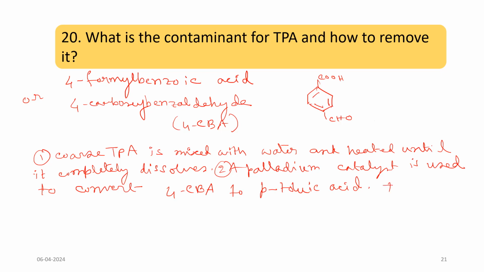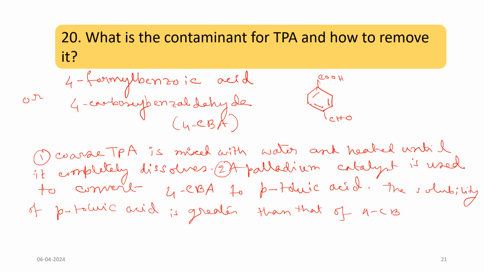Because the solubility of p-toluic acid is greater than that of 4-CBA, the contaminant, and it does not co-crystallize with TPA.